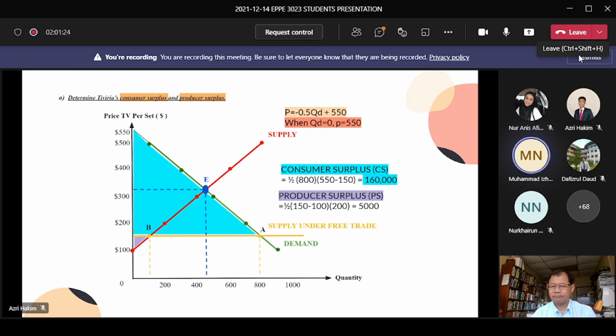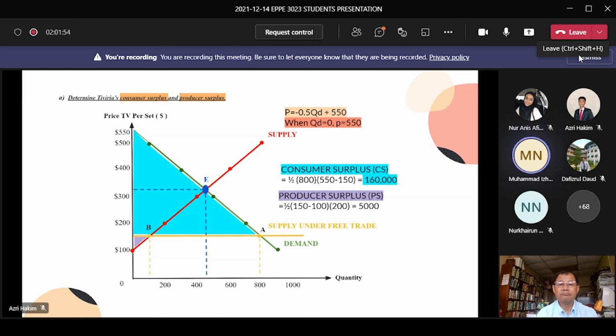To calculate consumer surplus for this question: half times base times height, 800 times 550 minus 150, so we get 400. So half times 800 times 400, we get consumer surplus of 160,000, or we can see it as the blue part.